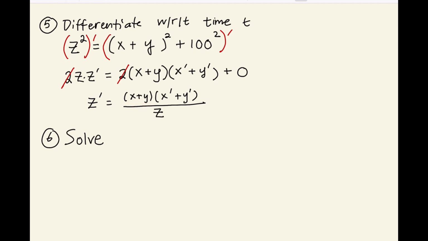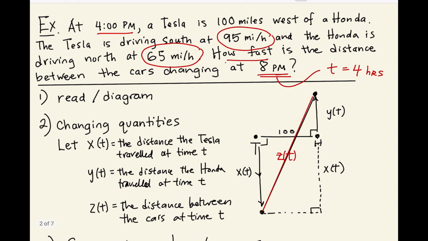So let's just go back to the original diagram. And if we look here, what we're actually looking for, x, y, and z, we need to know what is y of 4 and what is x of 4. y of 4 would be 65 miles per hour times 4. So that would give me 260 miles.